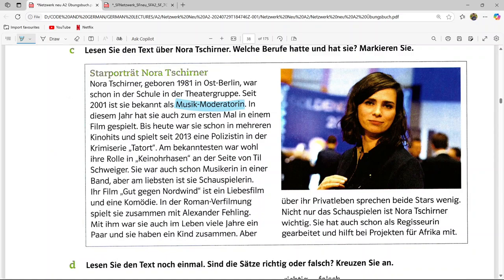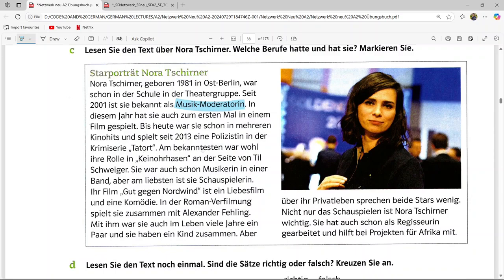Bis heute war sie schon in mehreren Kinohits und spielt seit 2013 eine Polizistin in der Krimiserie Tatort. So to date she has been in several box office hits and plays a policewoman in a crime series. The name of the series is Tatort.